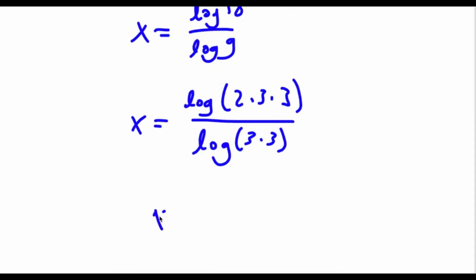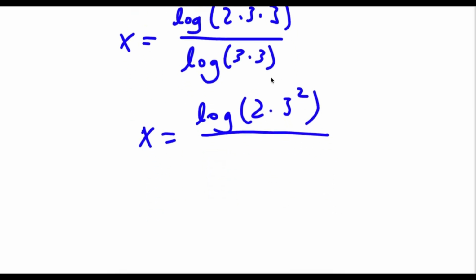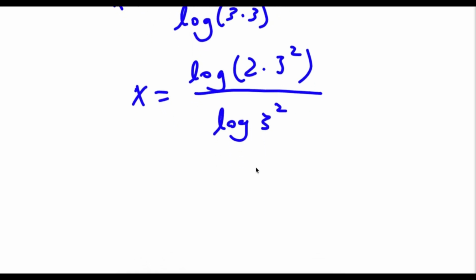Now I have x is equal to log 2 times 3 squared, since 3 times 3 is the same thing as 3 squared. So I have log 3 squared in the denominator.